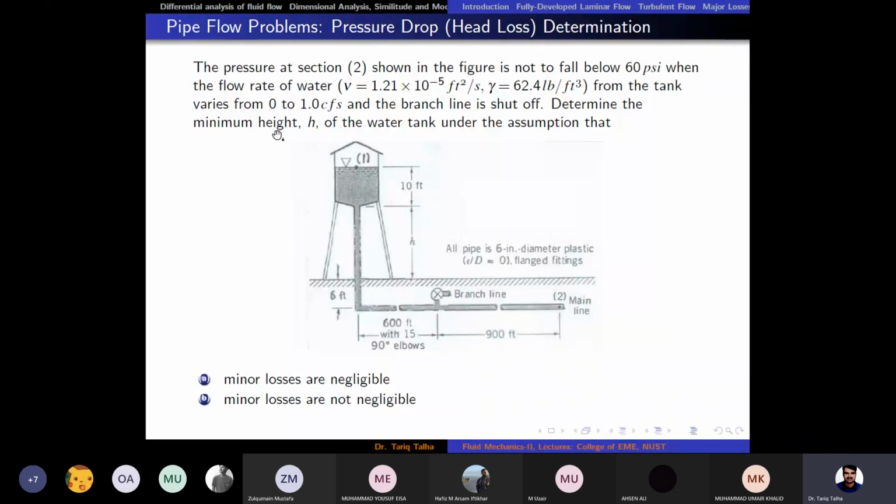Determine the minimum height h of the water tank. We are talking about this height, which is shown here, under the assumption that minor losses are negligible. So in the first scenario, we need to neglect the minor losses, and in the second part, we need to include the minor losses.